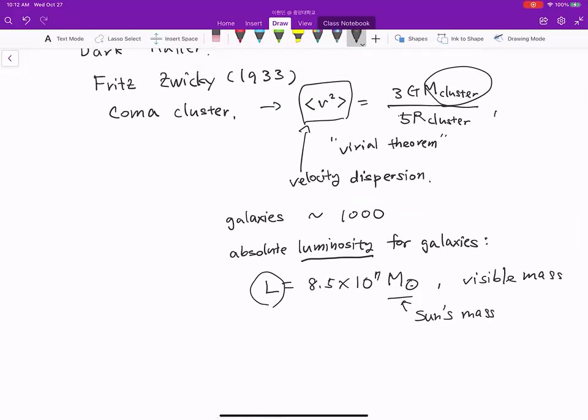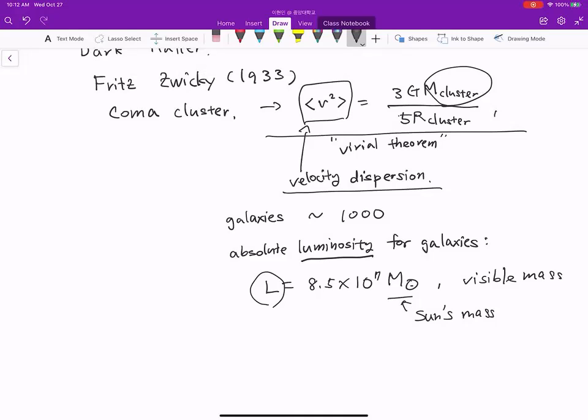But what this virial theorem tells us is that if you measure this velocity dispersion, you just measure the velocity of each galaxy in the Coma cluster, take the square of the velocity and average them to get the velocity dispersion.